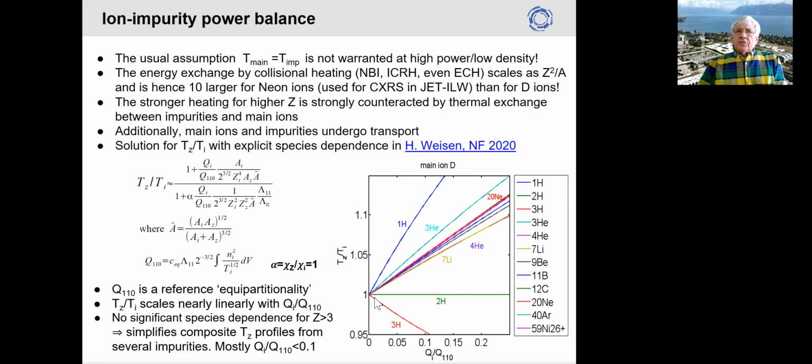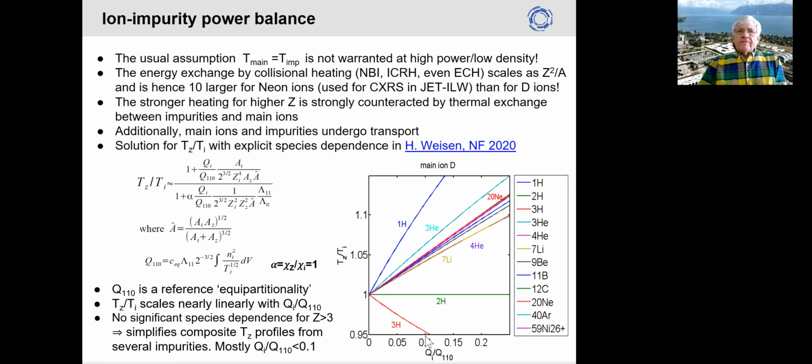We see that there are large differences between the light elements, hydrogen, deuterium, tritium, and helium-3. But the rest of the impurities are fairly closely clustered together, especially for impurities heavier than lithium.